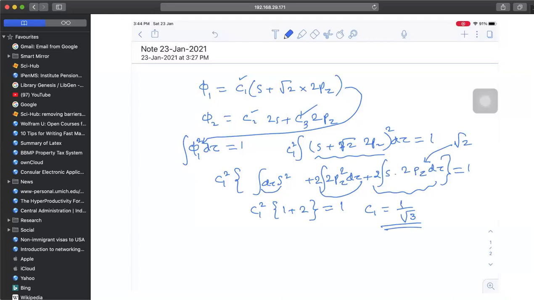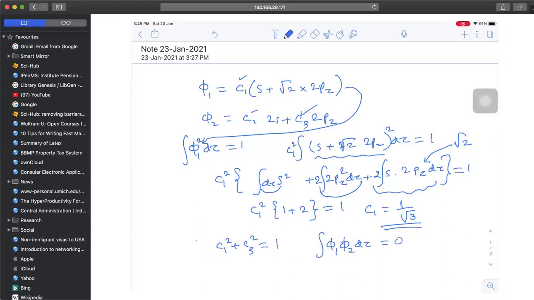Then phi2 must be normalized. What does it mean? It means that C2 squared plus C3 squared must be equal to 1. Is that okay? Yes, sir. So you have one equation now. Then the integral of phi1 phi2, what should it be? 0.